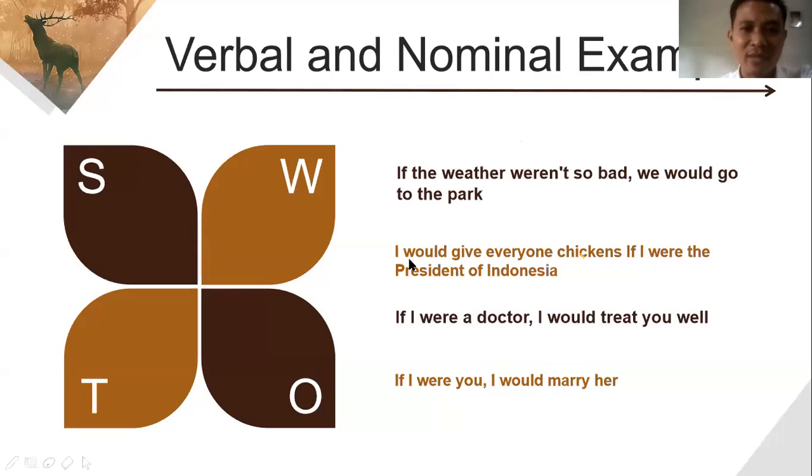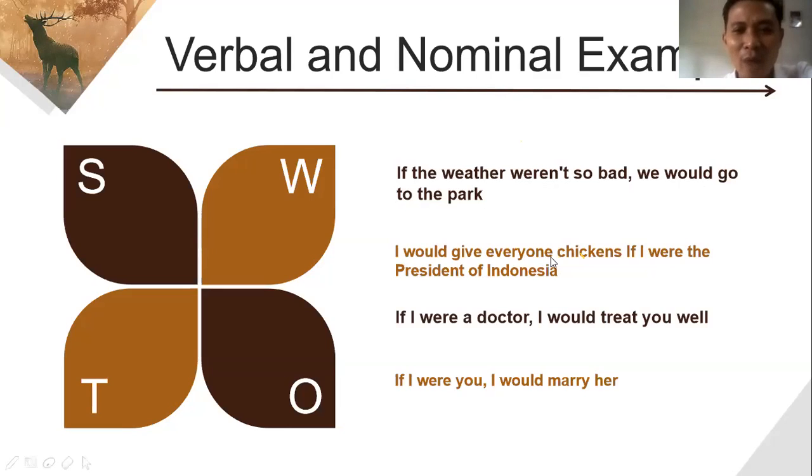And the second: I would give everyone chicken if I were the president of Indonesia. Okay, you don't need to wait until you are president of Indonesia, right, to give everyone chicken.